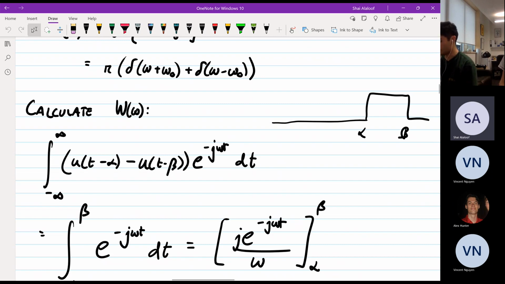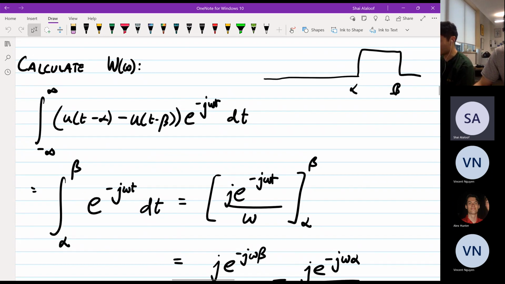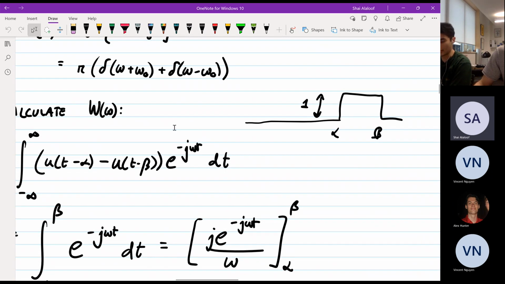which I have written, but you can also just realize that it's equivalent to Fourier transforming 1, because this is a height of 1, within the bounds of alpha and beta, because everything else, the integral is going to give you 0, since it's defined as 0 elsewhere.